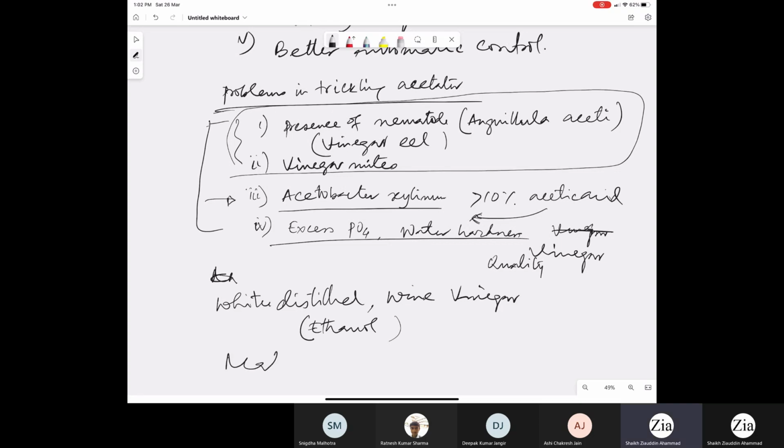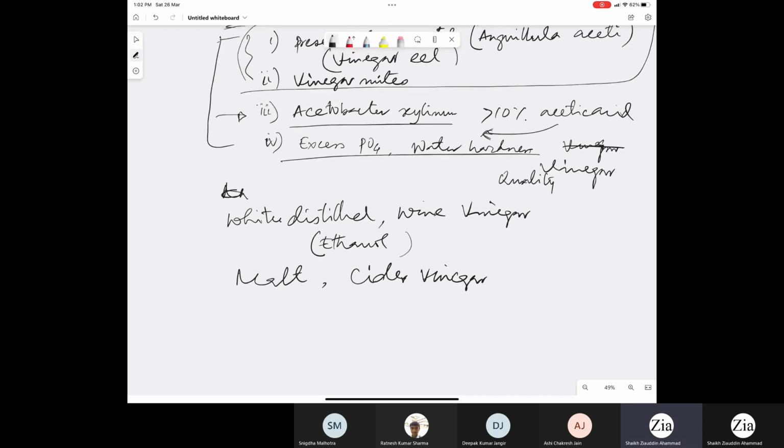Whereas for malt or cider vinegar, you are actually first doing the alcoholic fermentation, and then acetous fermentation.